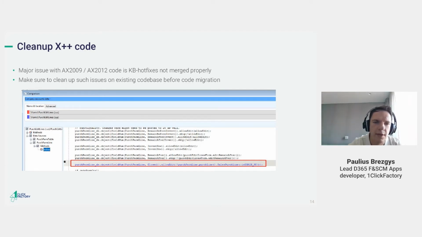It's basically a fake change. It's just a not properly sorted code merge conflict. So my advice, if you're considering migrating code to Dynamics 365, is to solve these already.